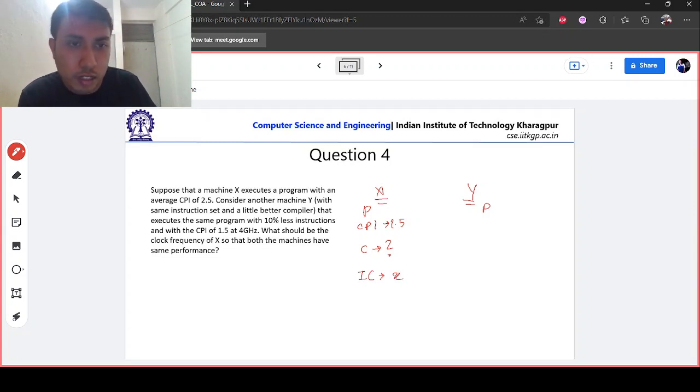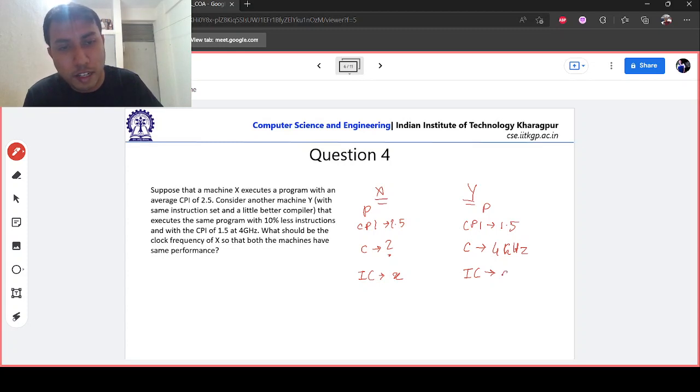Y executes the same program P. The CPI here is 1.5, the clock is 4 gigahertz, and IC is, it is said the number of instructions is 10% less.